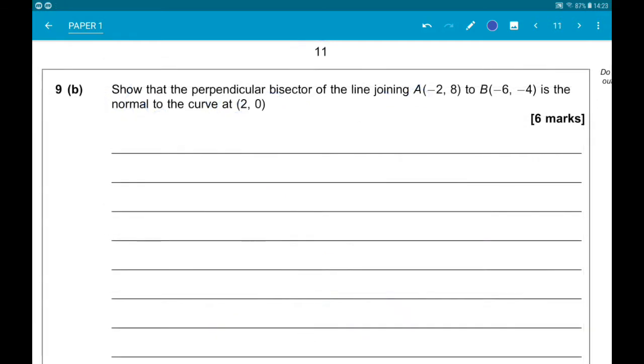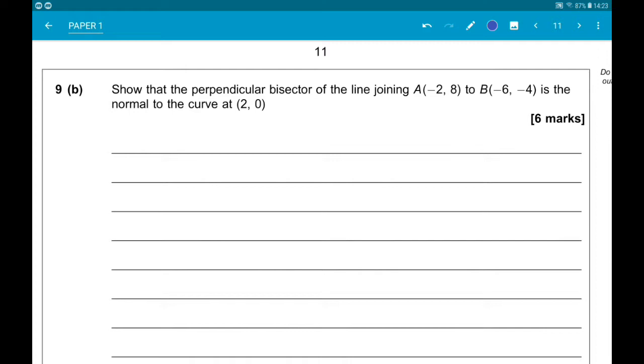And 9b, another 6 marker, so we want to show that the perpendicular bisector of the line joining A, minus 2, 8 to B, minus 6, minus 4, is the normal to the curve at 2, 0. Okay, so first up we're going to find the equation of this perpendicular bisector.